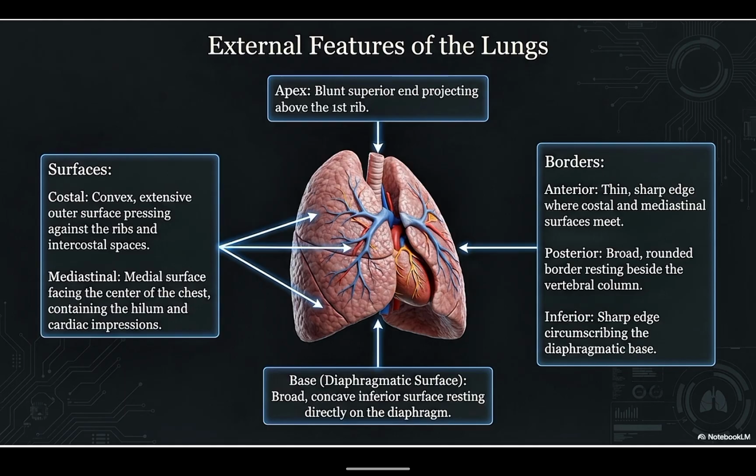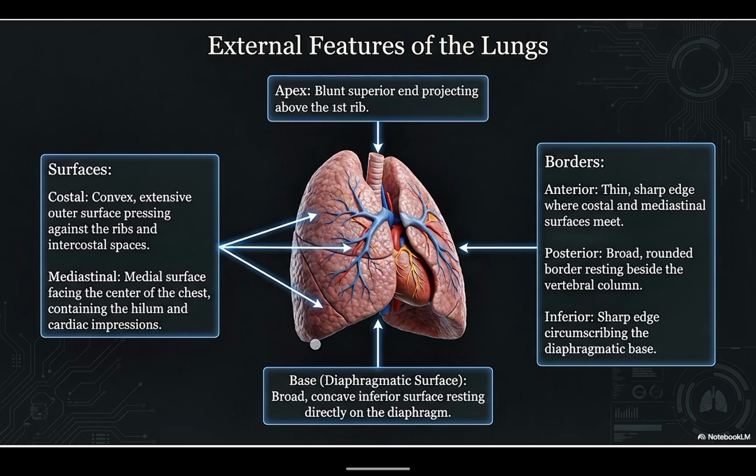The posterior border is broad and rounded, resting beside the vertebral column. You know, we have 12 thoracic vertebrae.